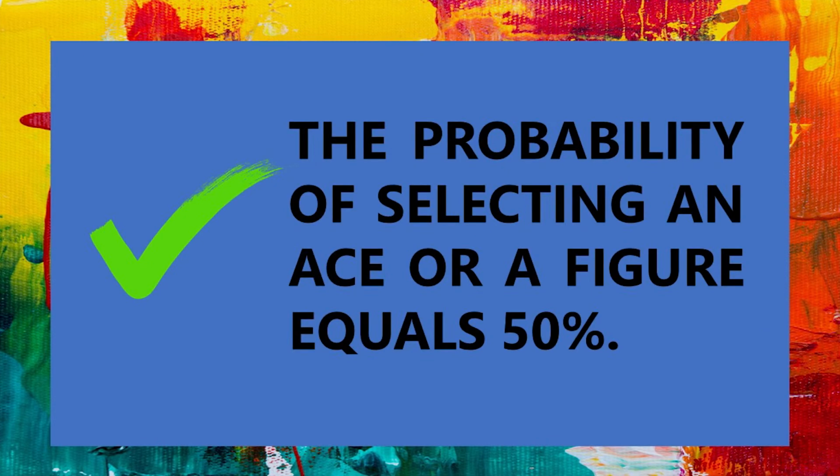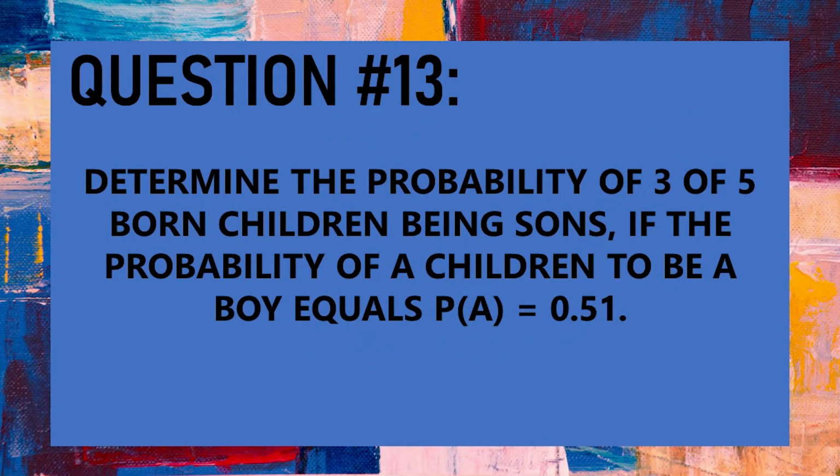The probability of selecting an ace or a figure equals 50%. Question number 13.